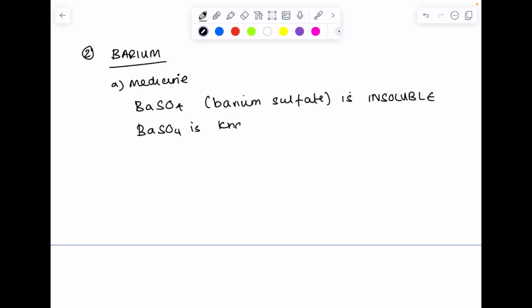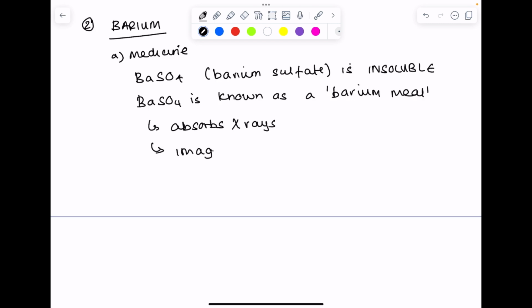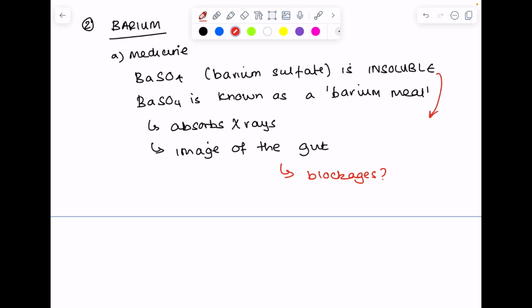So barium sulfate is known as a barium meal, and what's cool about it is that it absorbs X-rays to give an image of the gut, so you can see basically if there are any blockages or not. Now the key thing here is that it's insoluble, which means that although usually barium compounds are highly toxic, because it's insoluble, they're not absorbed into the body.